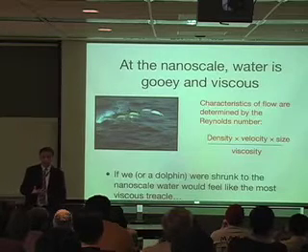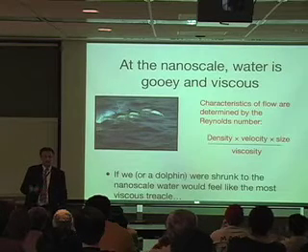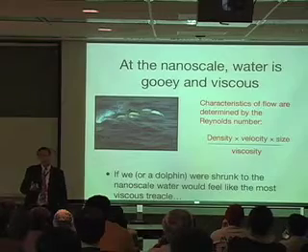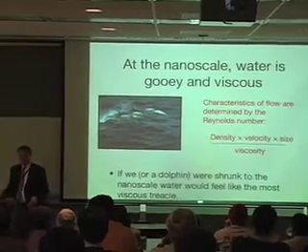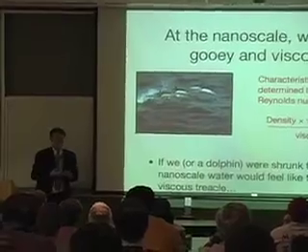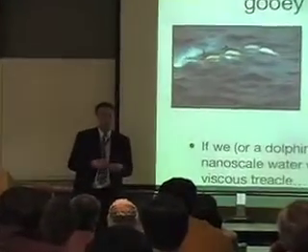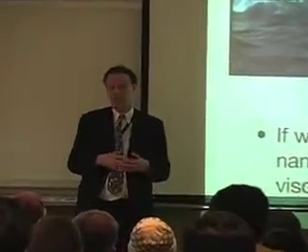Low Reynolds number motion is utterly different from high Reynolds number motion. Most specifically, the laws of fluid mechanics, the Navier-Stokes equations, in this low Reynolds number limit are actually time reversible. And most of the tricks that we use to swim in the macroscopic world would result in us going absolutely nowhere in the nanoscale world.